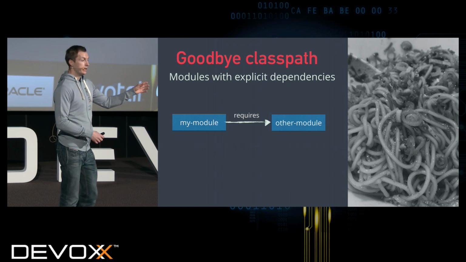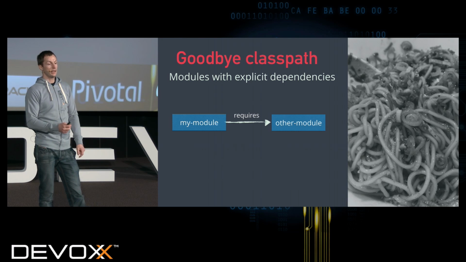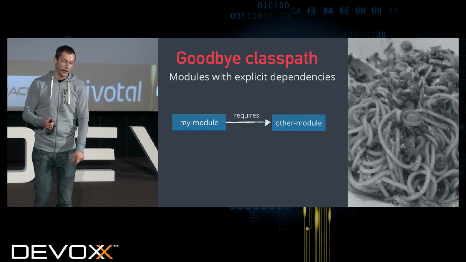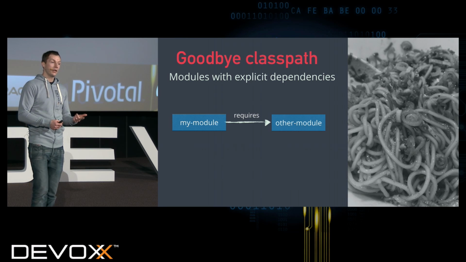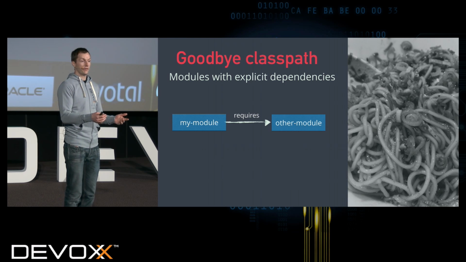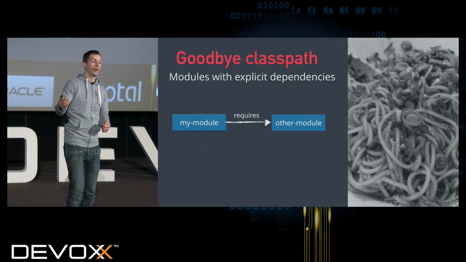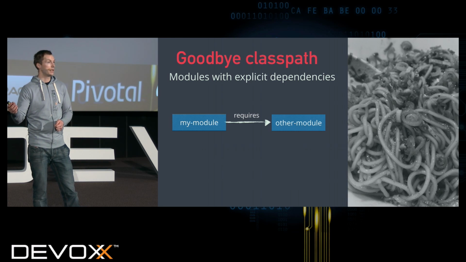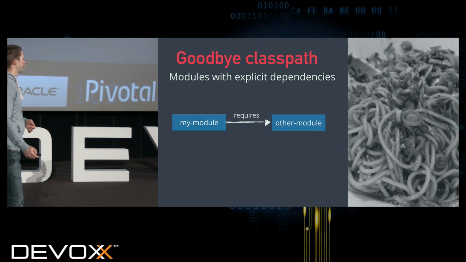So if I'm module A and I want to use classes from module B, I have to explicitly say that I require module B. And because I have to be explicit about this, in all phases of development, which means build time but also runtime, the JRE can actually verify if our system is complete, if we have all the modules on the module path that we actually need to execute this application. That means also at runtime. So when we start an application and some modules are missing, we will get an early exception instead of waiting for it to blow up at some point. So that's really good. That's a big step forward.